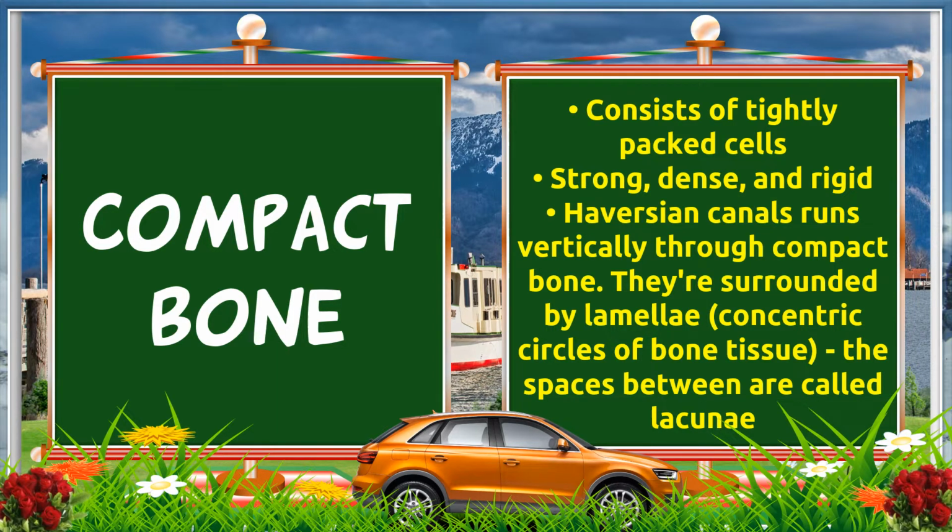It is strong, dense and rigid. 3. Haversian canals run vertically through compact bone. They are surrounded by lamellae, which are concentric circles of bone tissue. The spaces between are called lacunae.